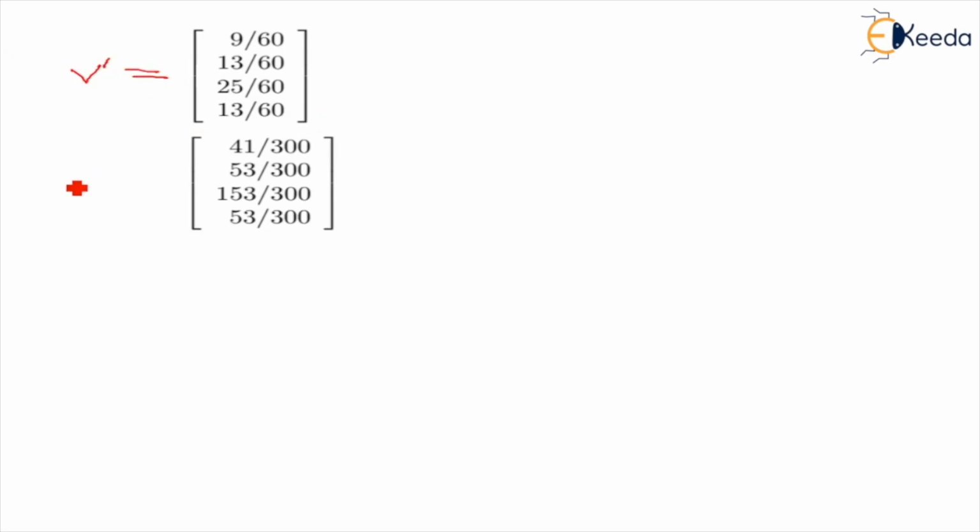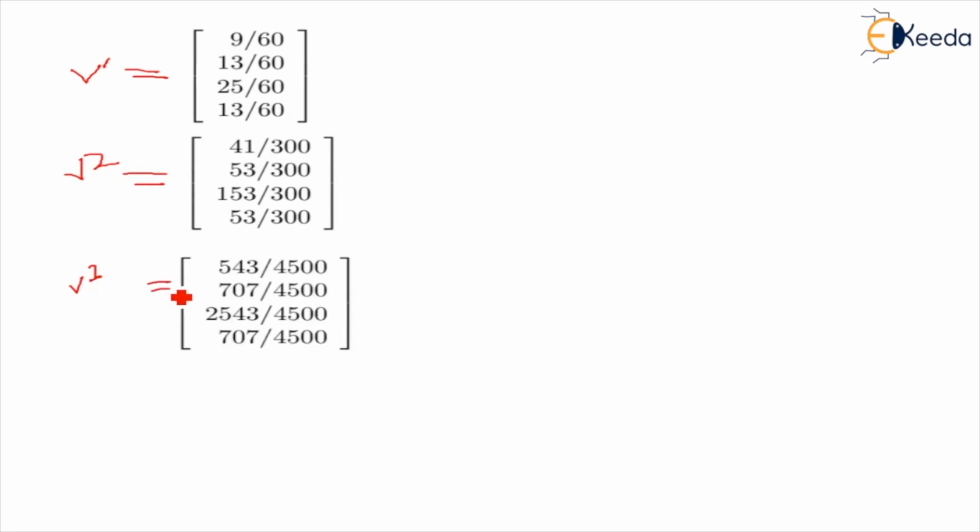Subsequently we do the calculation and we get this result, which is our V', this is our V'', and then we'll find V3, and we get another result, and after 20-25 iterations we get this final result.